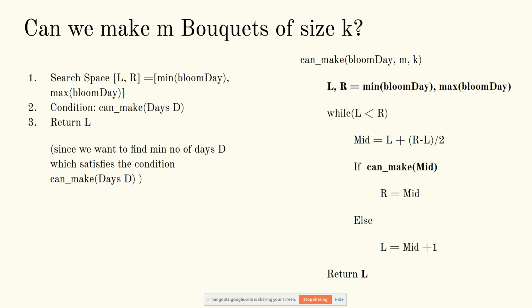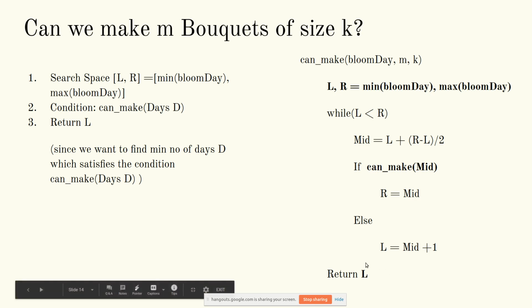We have our condition defined, canMake for a given D days. Since we want to find the minimum number of days which satisfies our condition canMake, we return L. This code follows our standard template, first stating in the first line the search space, and our condition is used with mid, and we return L.